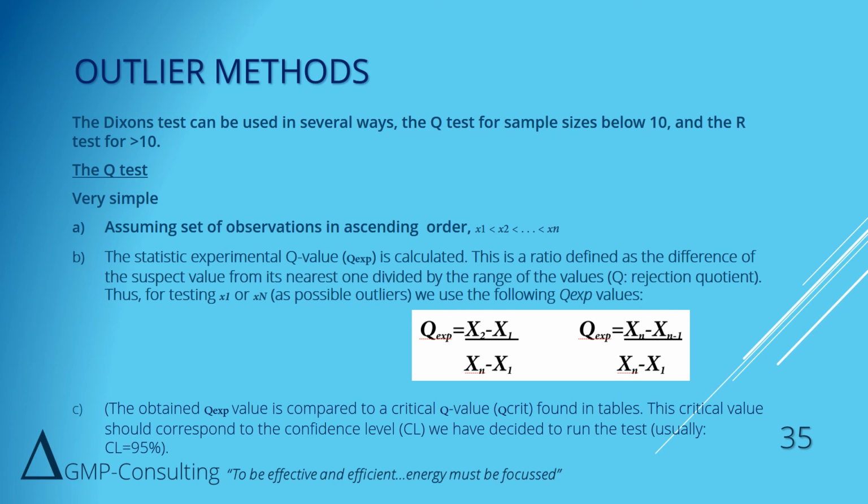And you basically work out what's called the experimental Q value, and it's the ratio between that difference and the range, the highest minus the lowest.